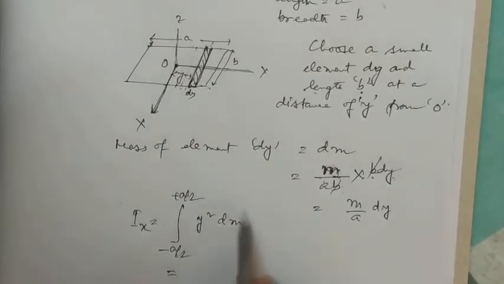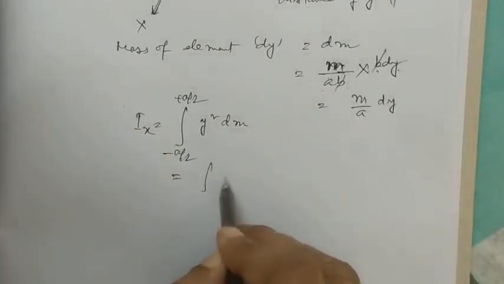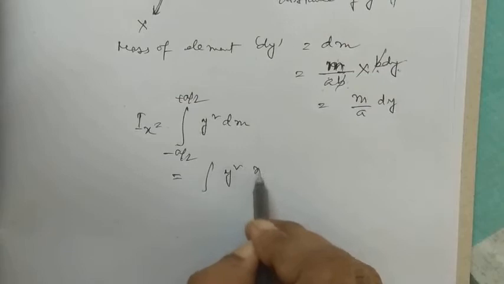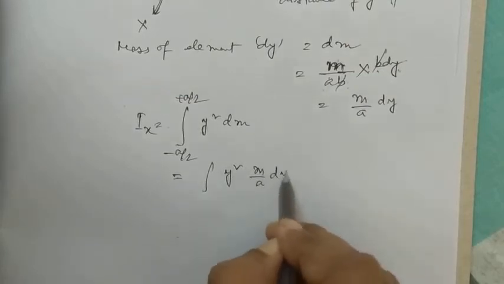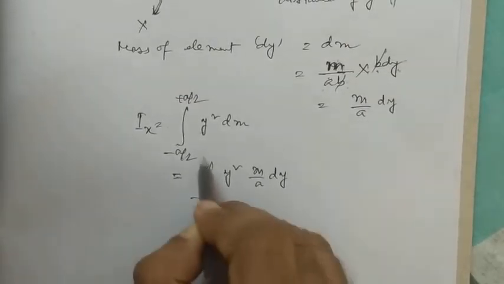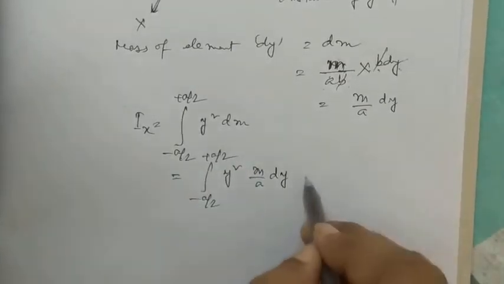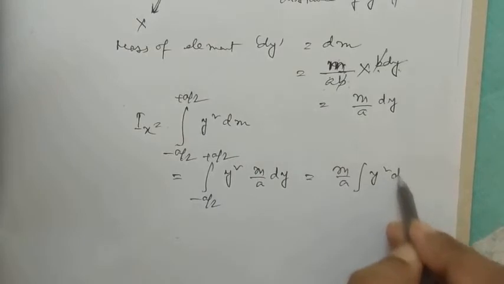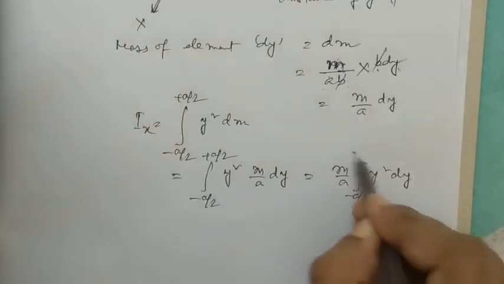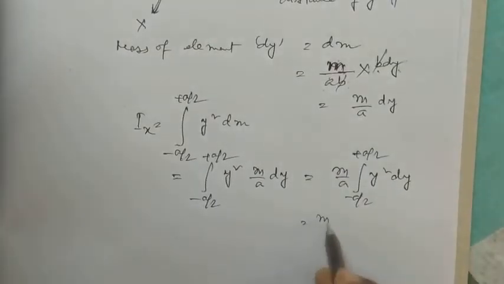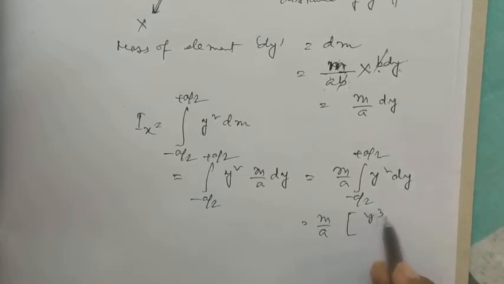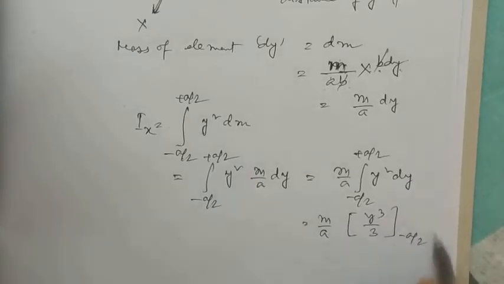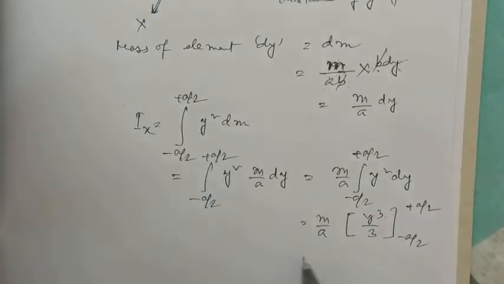Now we replace the value of dm as m by a dy. So the integral of y square m by a dy from minus a by 2 to plus a by 2. Now if you solve this, we get m by a, y cube by 3, from minus a by 2 to plus a by 2.